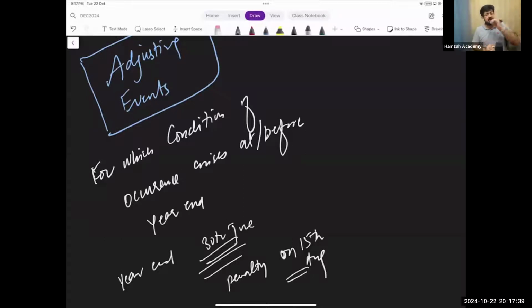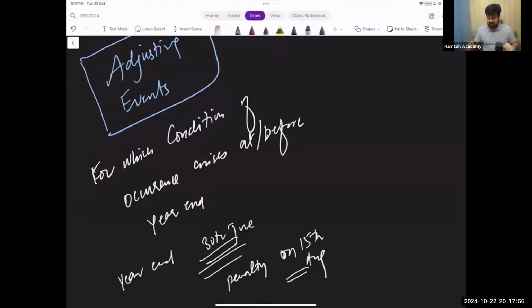So when did the damage occur? During the year, before 30th June. The court case was decided after year end, so a provision for this liability should be recorded at year end.